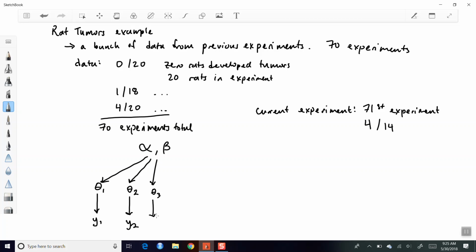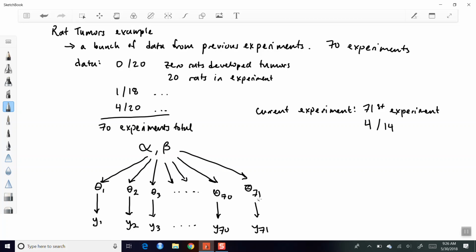And so on and so forth, until we get to our 70th experiment, and finally our 71st experiment. Okay, so this is a graphical representation.